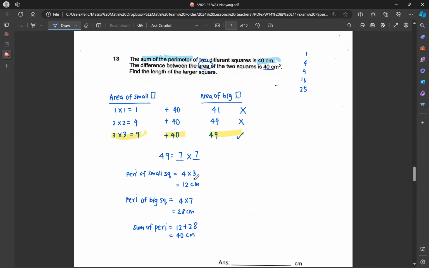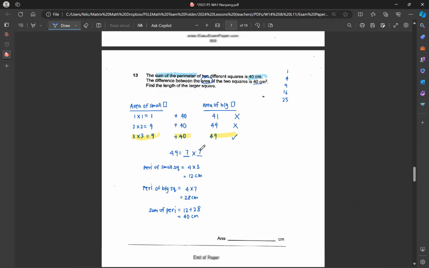So whatever we have tested out, the sum of perimeters fulfills the condition of 40 cm. And the difference between the areas, 40 cm square, we also fulfilled by doing our test here. So that means that the length of the larger square, indeed, will be 7 cm. So our answer would be 7 cm.